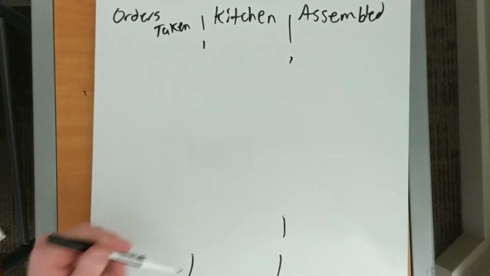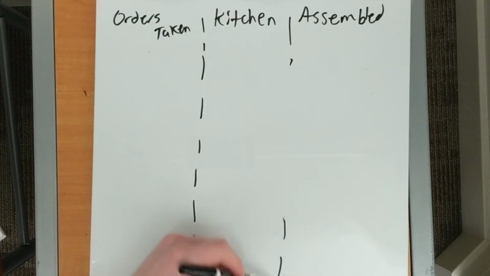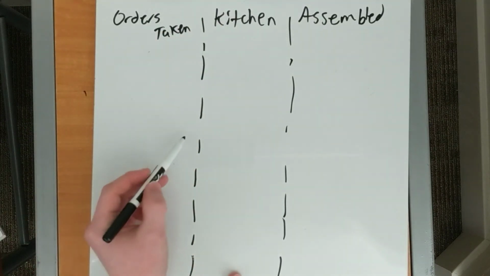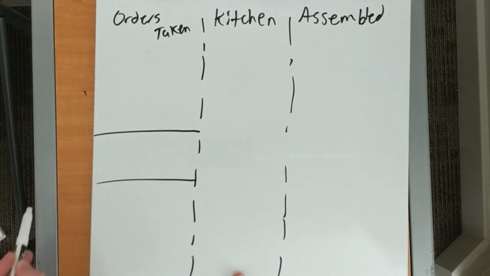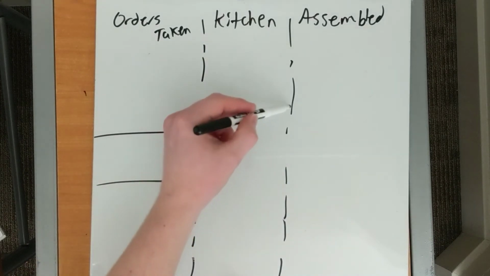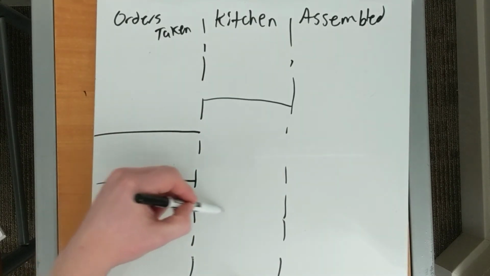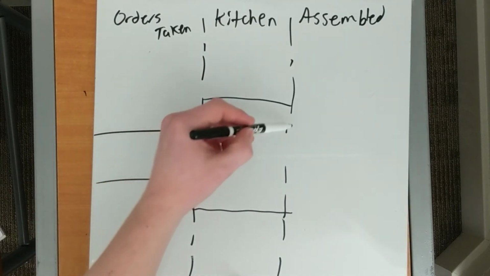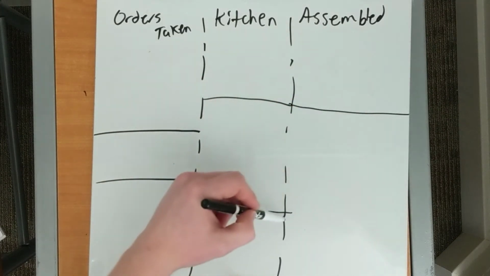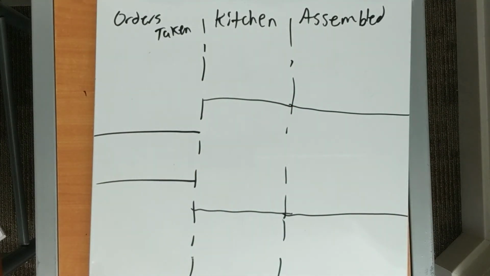Another is, let's say it's a really slow night instead of a busy night. We're only receiving this many orders at a time, where the kitchen has the capacity to put out that many, and let's say our servers can put out the same as the kitchen is putting out.